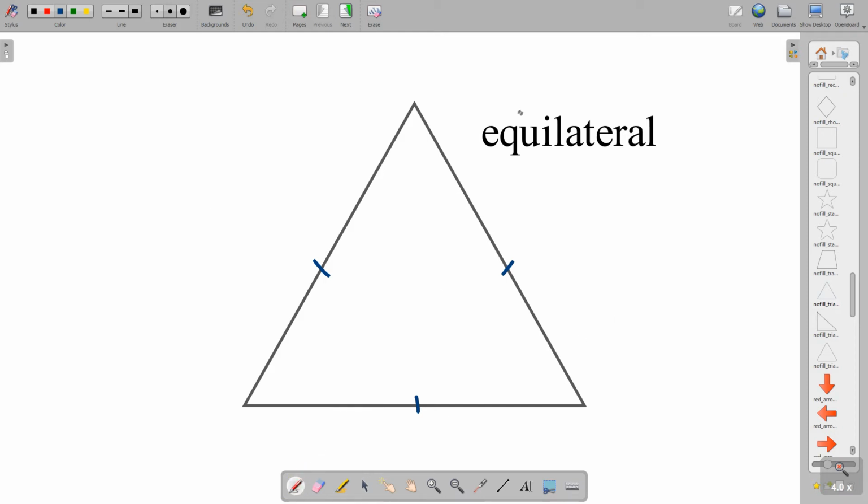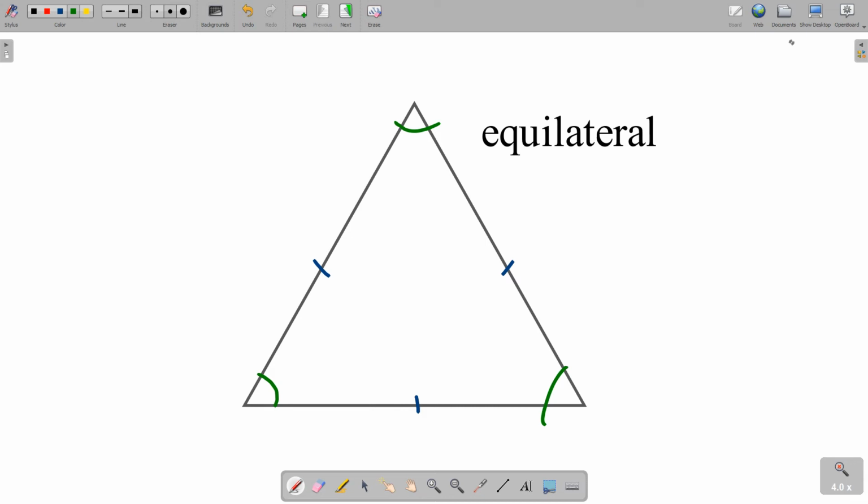Now, there are some properties about equilateral triangles that you have to have prior knowledge of. Namely, 1, all the sides are the same. Number 2, all the angles are the same. And the third axiom that you get to remember, although when I took a geometry course in university, it took 3 months to prove, over centuries of learning, is that the sum of the interior angles all add up to 180 degrees.